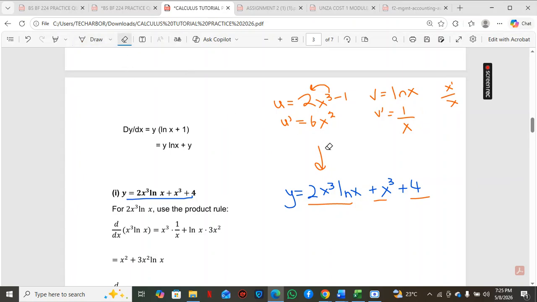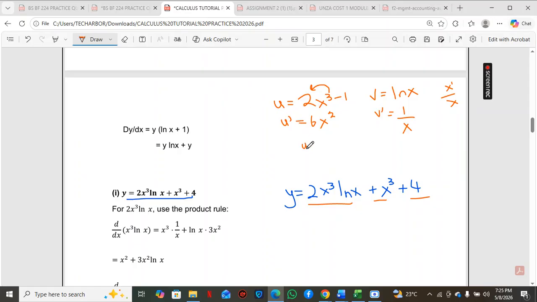So the product rule, remember how it is placed? You say u prime v plus u v prime. So this expression here, u prime is 6x squared. So you're going to say 6x squared. V is natural log of x.